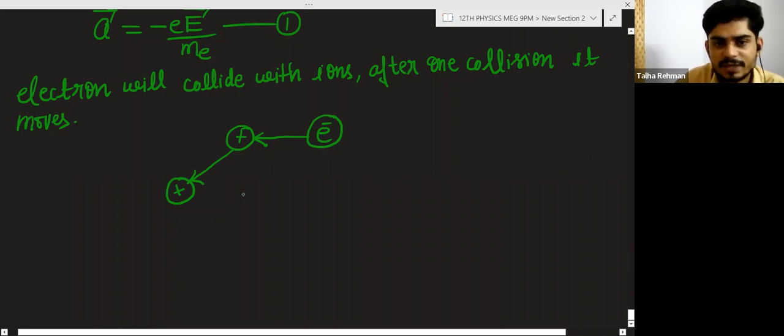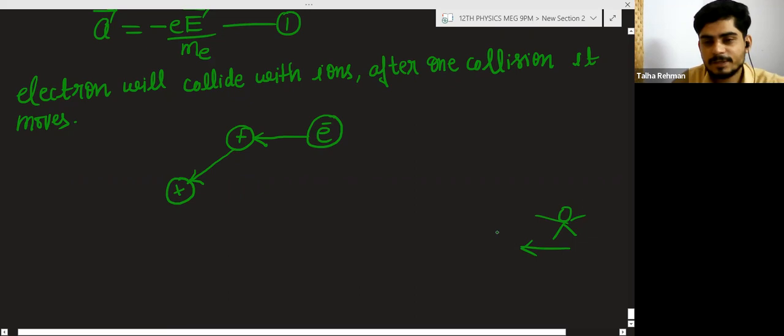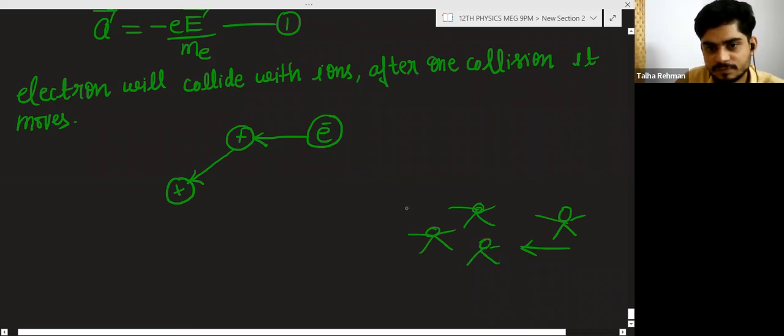You can say, suppose you are here and you are running in this direction, and there are some persons here, and you are running very fast.